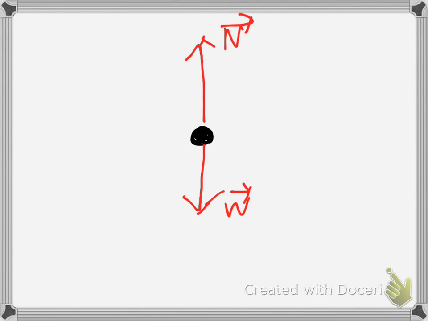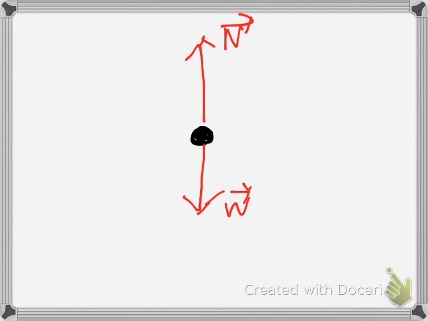Okay, so our free body diagram. Here's our box. So we have normal force, which you can write with a capital N or Fn or F norm, something like that. The magnitudes of these are the same.